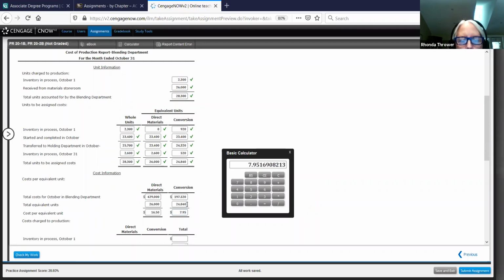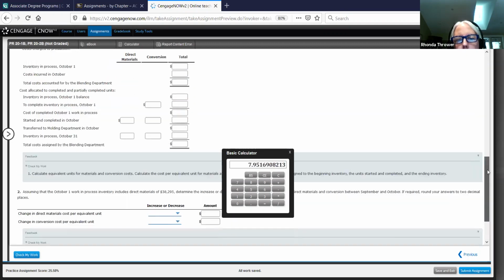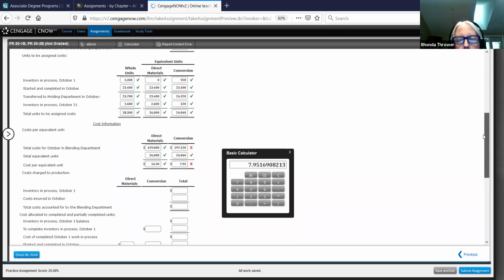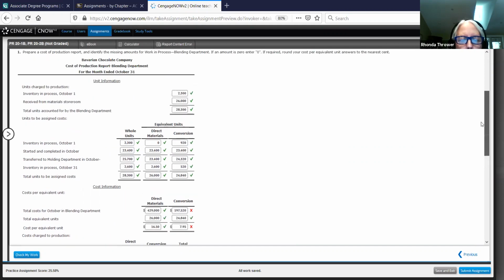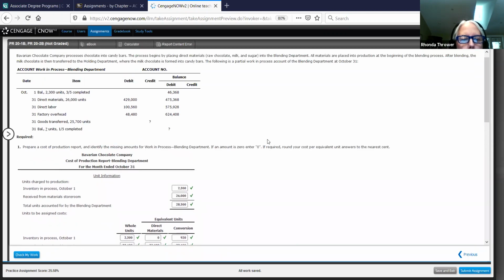Now I'm going to check my work because you have to have this right before you do the next part of this cost of production report. All right, and it didn't like what I put down here. So let's recalculate this again. Our conversion cost is going to be our direct labor and our factory overhead for this period of time.